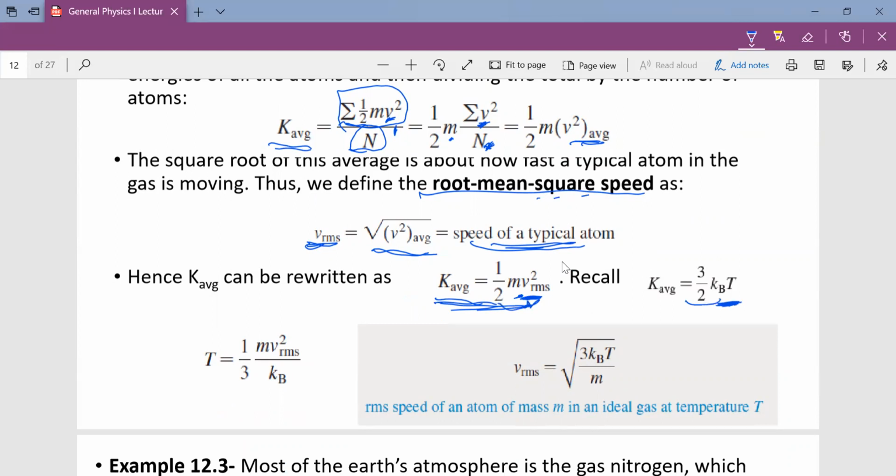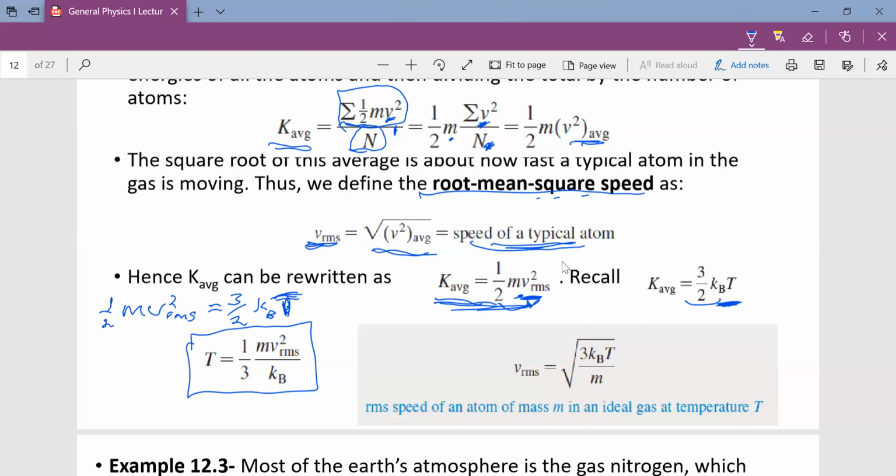So equating 1/2 m v squared root mean square to 3/2 Boltzmann constant times temperature, then you make temperature the subject of the formula in this relationship. You arrive at this equation.